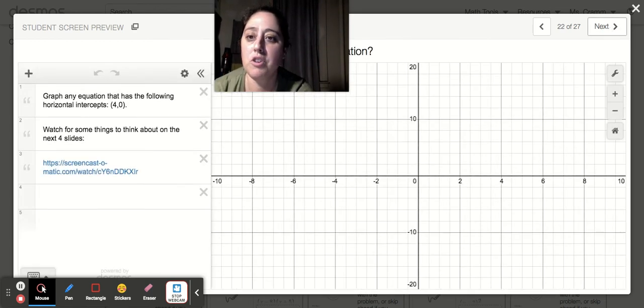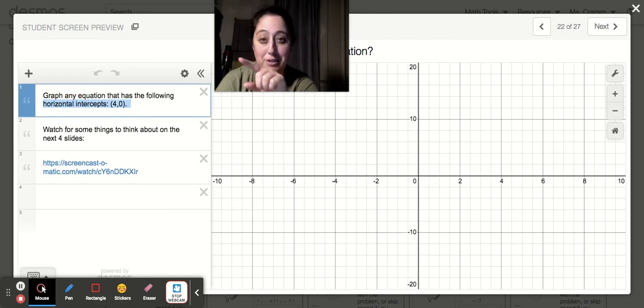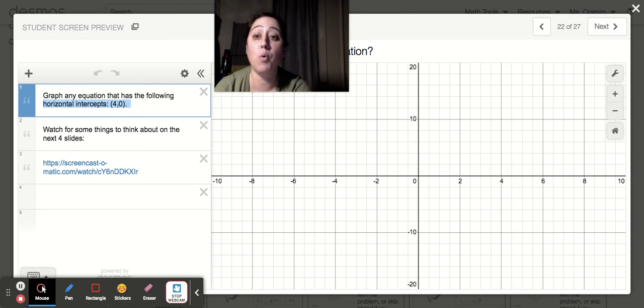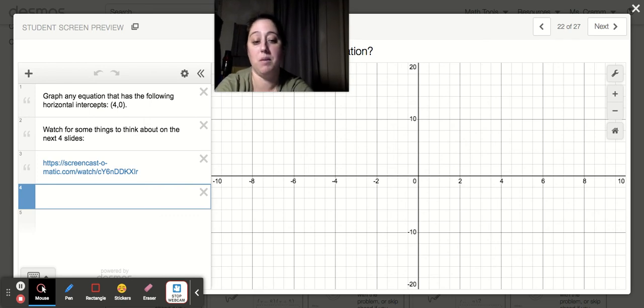Okay, so here I'm graphing an equation that has the following horizontal, and again, horizontal is x-intercept, like the horizon, of 4, 0. So again, what part is the x? It would be this 4 part. So if I'm doing an equation, I'm just doing y equals, and I know that the only place it crosses is 4.